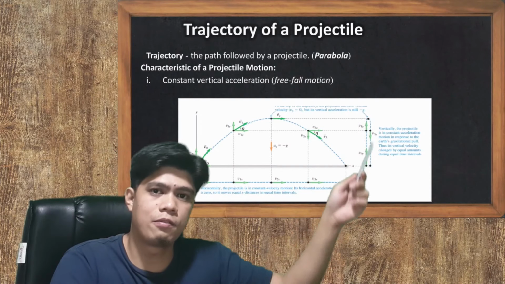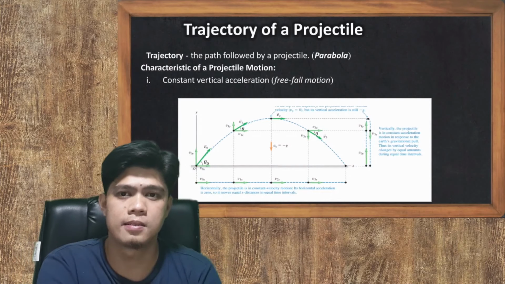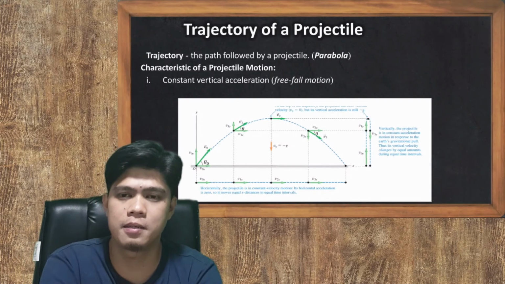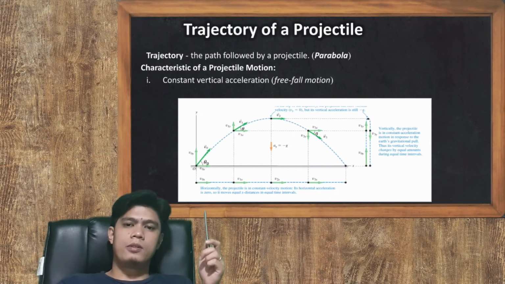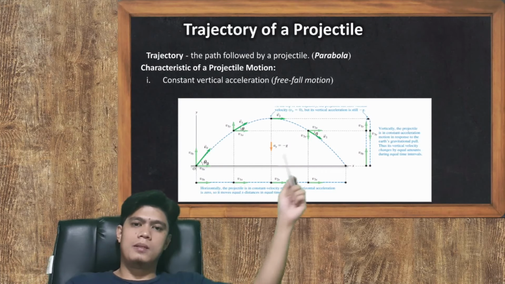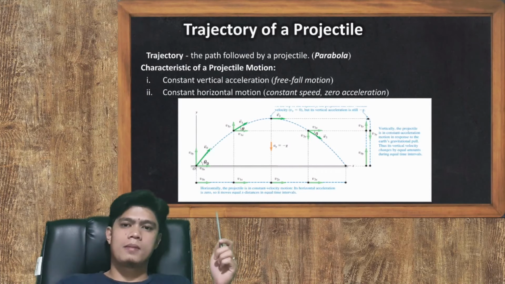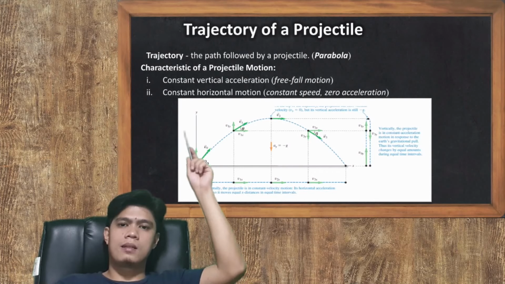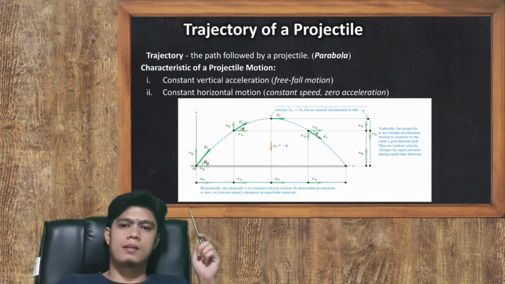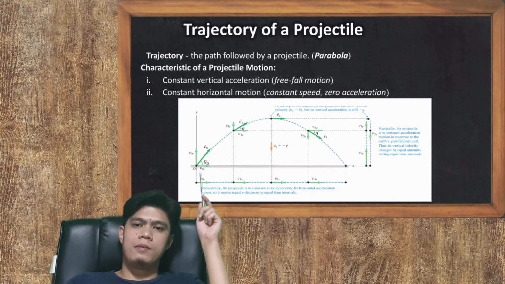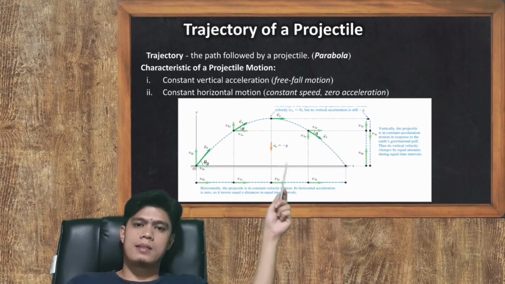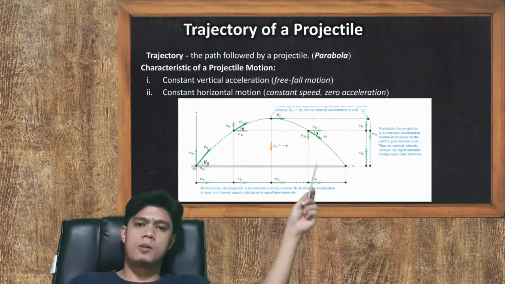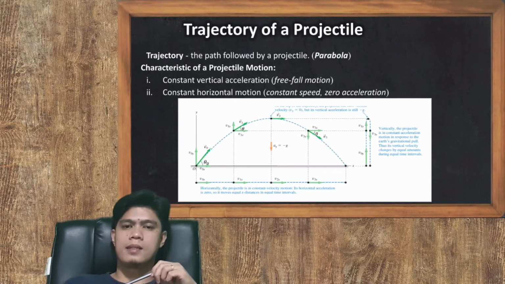So that is one characteristic of a projectile motion. In order for this to be called a projectile motion, you must also have a constant horizontal motion. So you have a constant speed along x, or zero acceleration along x.